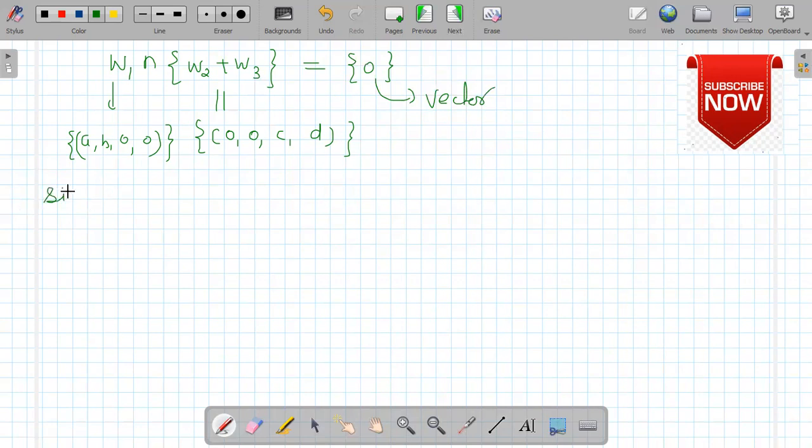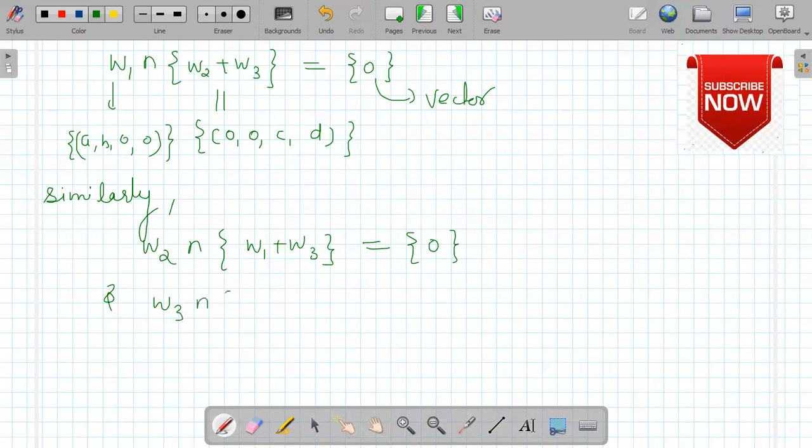Similarly, we take W2 and we take the intersection of W2 with the sum of W1 and W3. We will take the intersection of this subspace with the sum of these two, meaning this set with this set, and we will not find any common element except a 0 vector. We'll check this for W3 also.